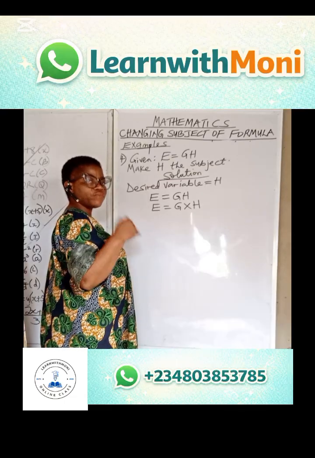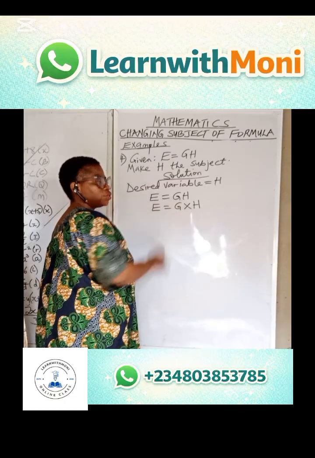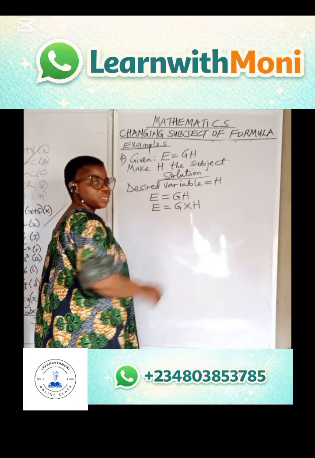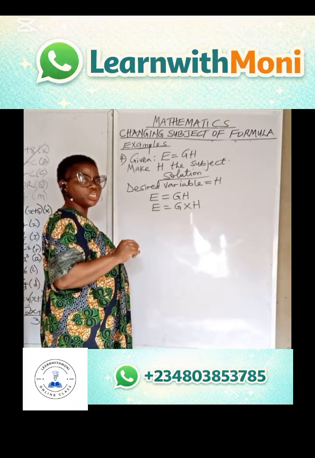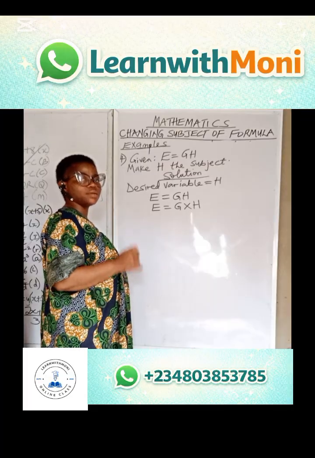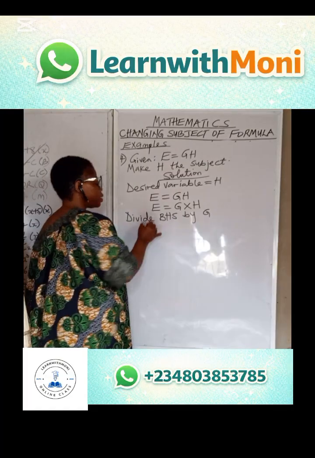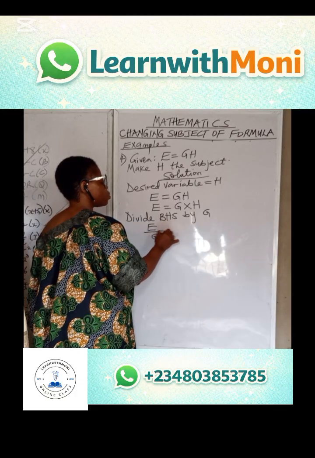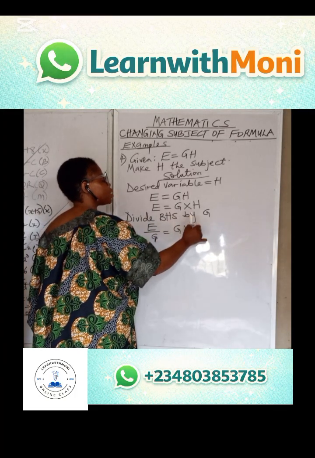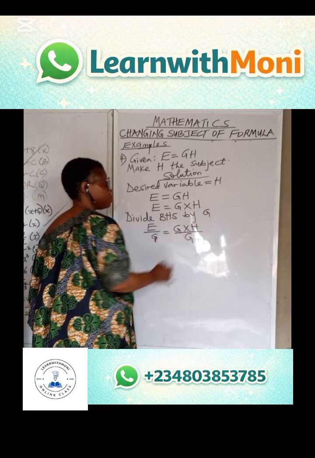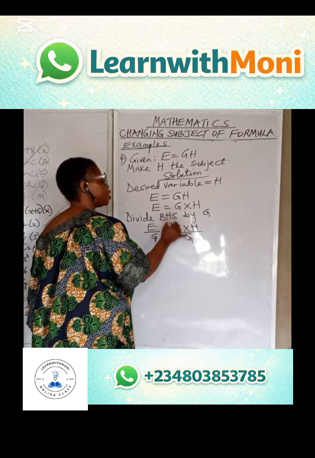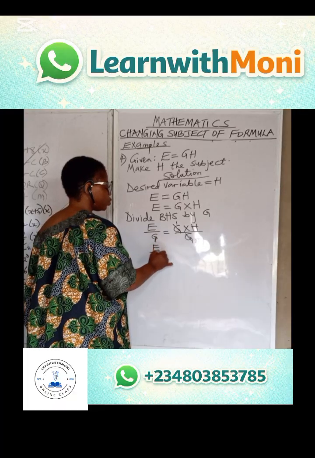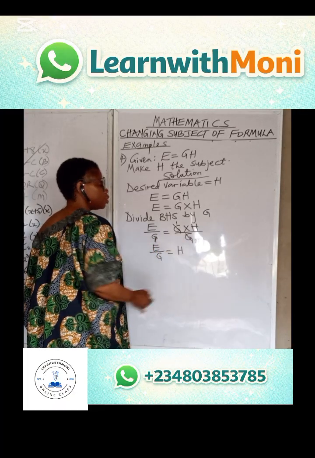So we have to do the inverse operation for times G. The inverse operation for times G is divided by G. So let us divide both hand sides by G. This means E divided by G equals G times H divided by G. G divides G once. So we are left with E over G equals H.